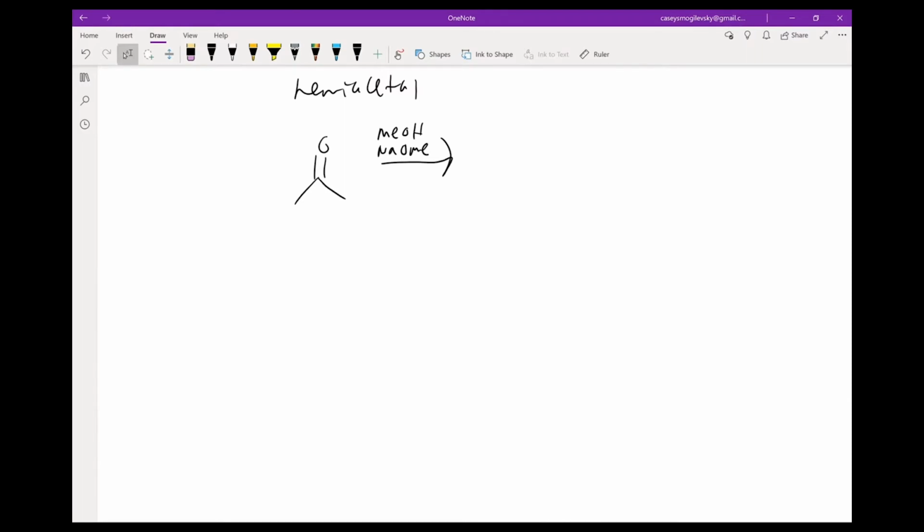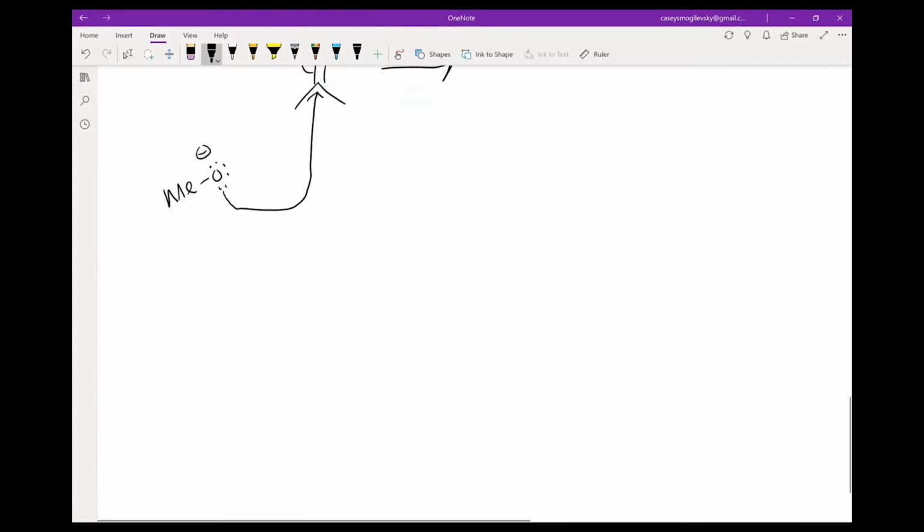So out here we have a methanol. Actually, let's draw this as the methoxide since we already have that. This methoxide is a much better nucleophile than just methanol due to the extra negative charge around the oxygen. So it can attack this carbon right here, and it will form a tetrahedral intermediate again.